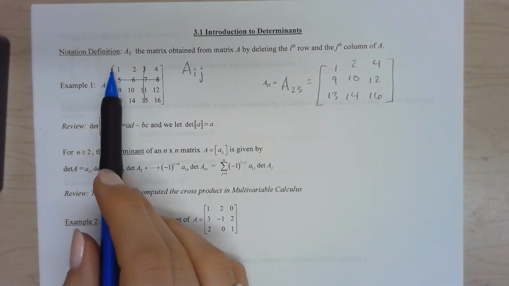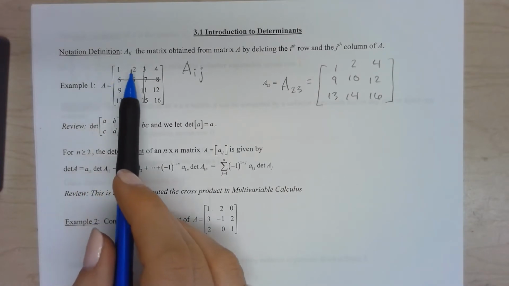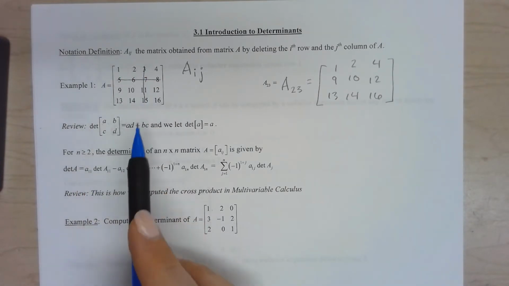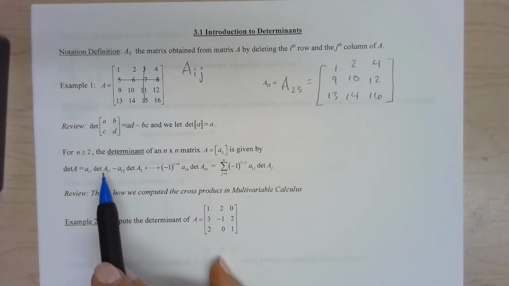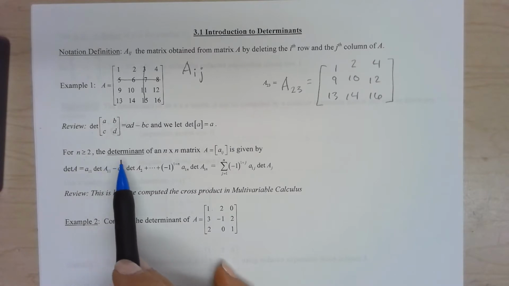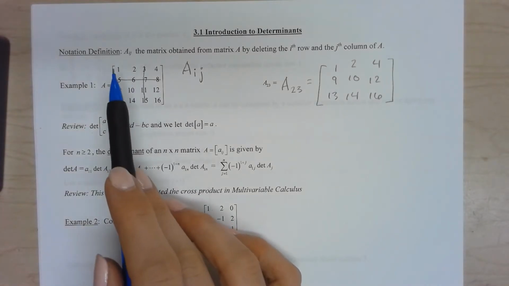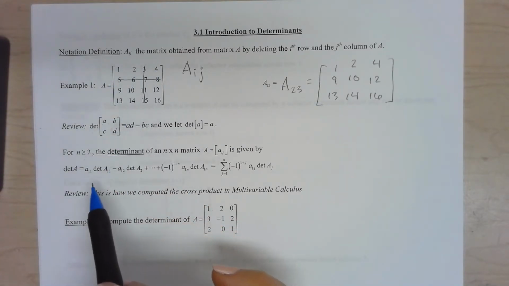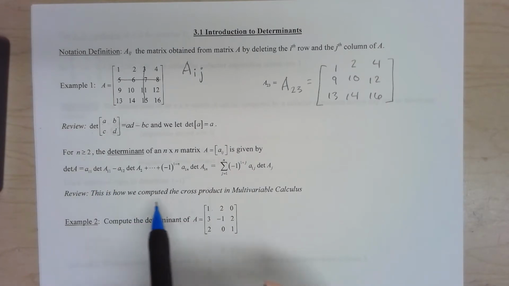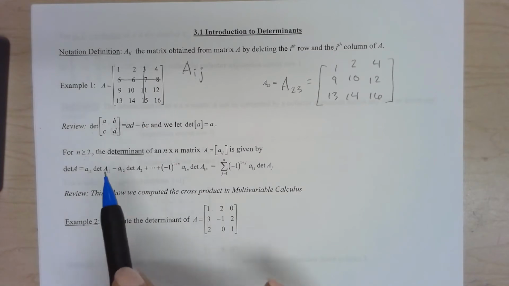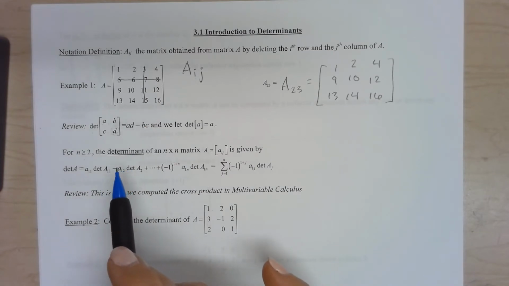So this here is specifically A_11, and this is A_12, and this is A_13. So it's that entry times the determinant of the matrix A_11, which is the matrix that's created when we eliminate row 1 and column 1. That should start to feel familiar because that's exactly how we did the cross product in multivariable calculus, and how we've been thinking about it in chapters 1 and 2 as well.